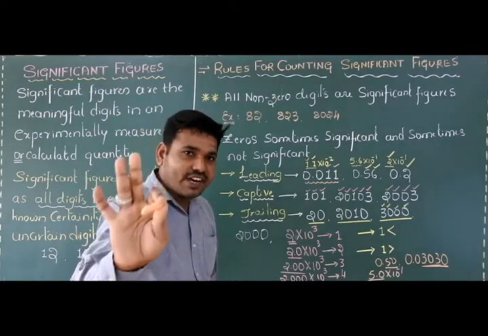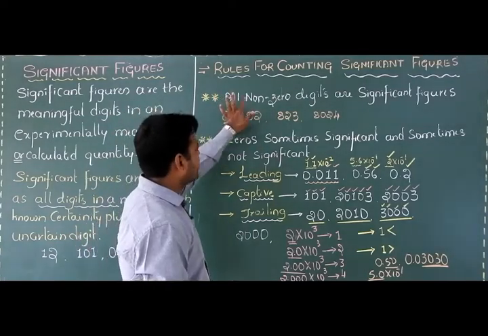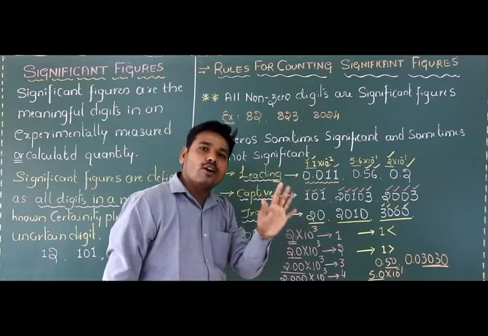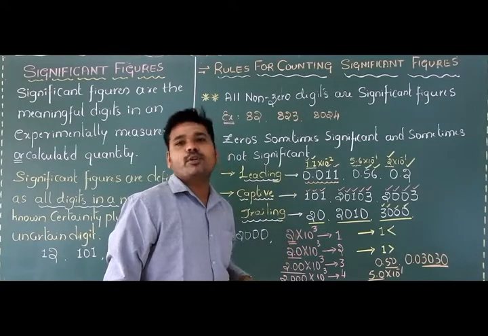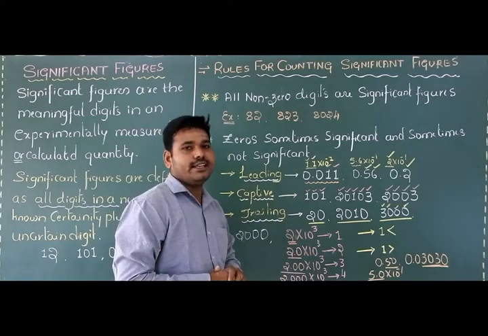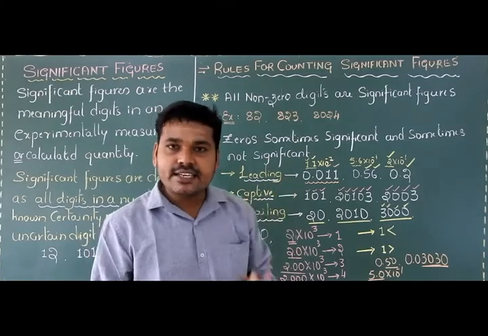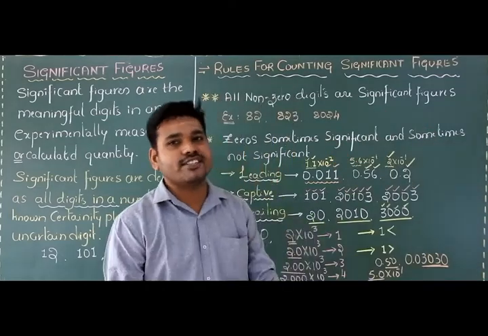So I will revise the first important rule: all the non-zero digits present in a given number are counted as significant figures. And the second important rule is that zeros are sometimes counted as significant figures and sometimes they are not counted as significant figures.